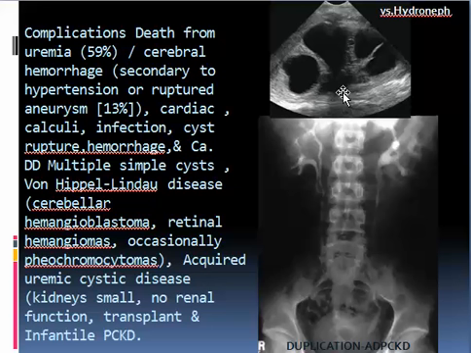The complications are death from uremia, cerebral hemorrhage secondary to hypertension or ruptured aneurysm, and cardiac causes, and they may be due to calculi, infection, or cyst rupture and hemorrhage, calcifications.